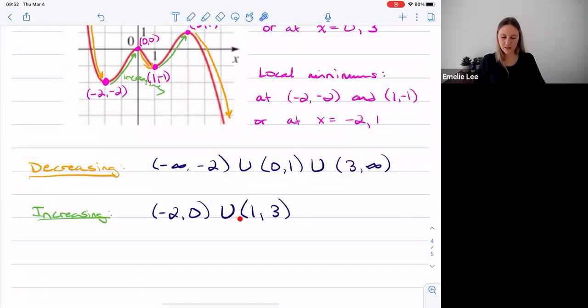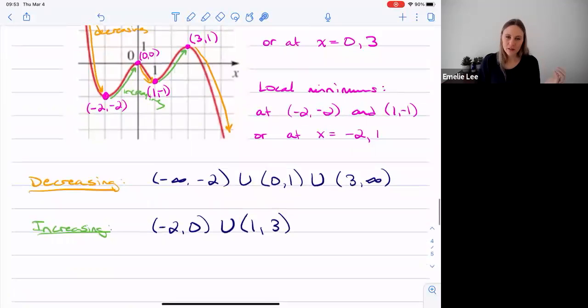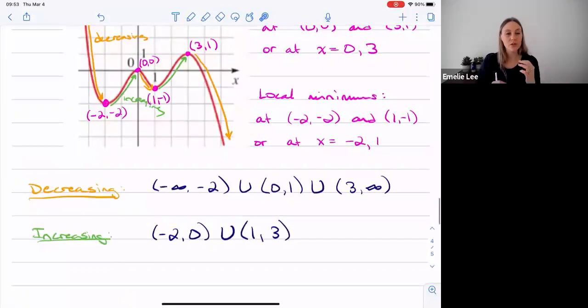And you can see that this region would fill in the gaps here, and then we've got the local max and mins at the points, so -2, 0, 1, and 3. And so our whole graph is covered. Right? Yeah, so you don't have to talk about the y values usually ever.